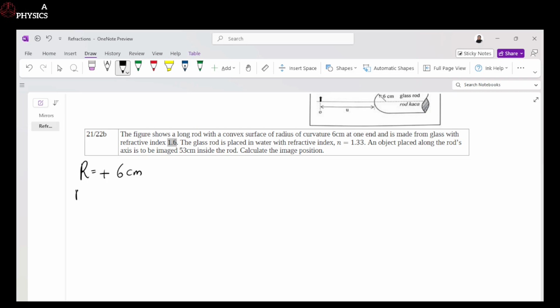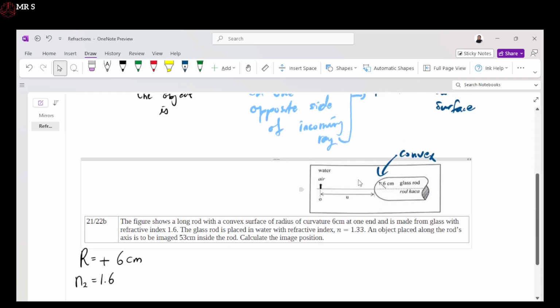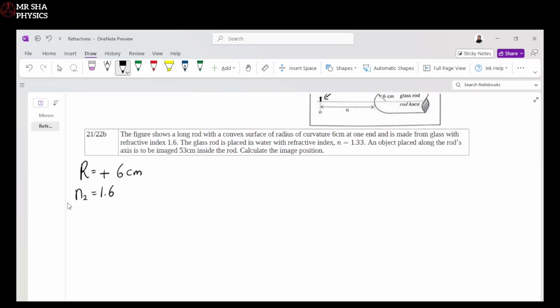Therefore, I will have n2 equals 1.6. Okay, and then the glass rod is placed in water with refractive index 1.33. So the object, as you can see in the diagram, is in the water. So that means that my n1 equals 1.33.